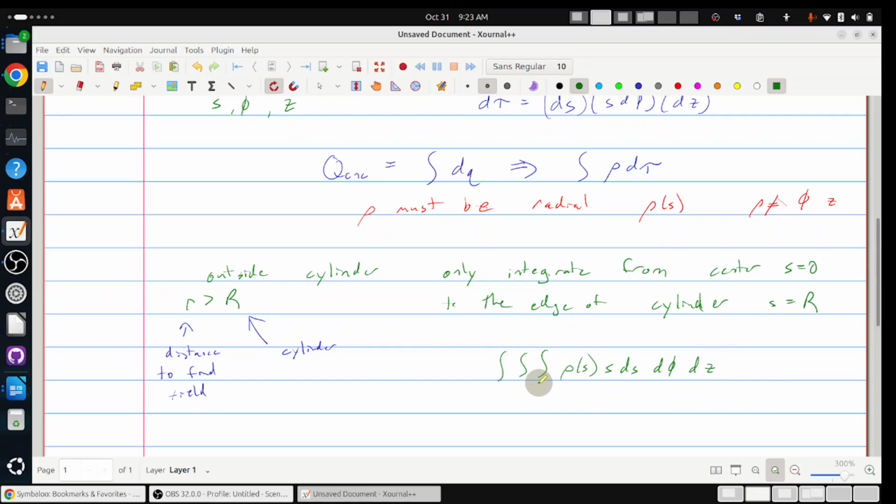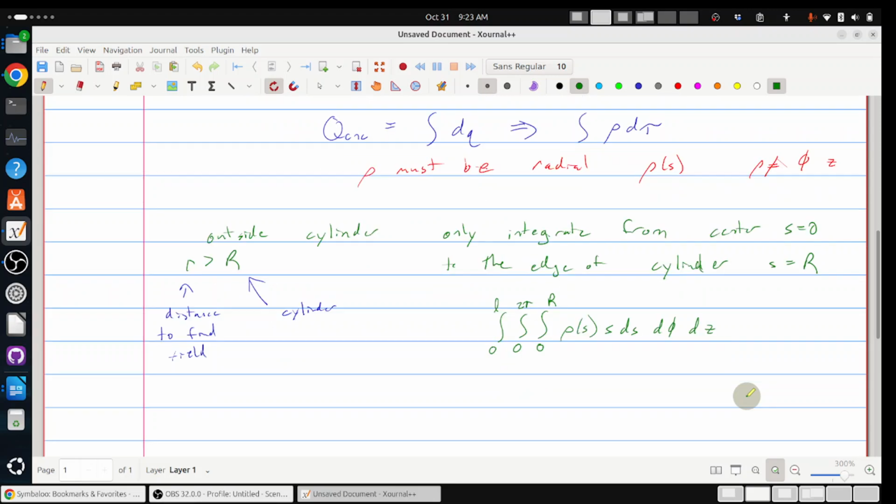And we would go from 0 to capital R, because after capital R there's no more charge, from 0 to 2 pi for the phi, and from 0 up to, say, some length of the cylinder.